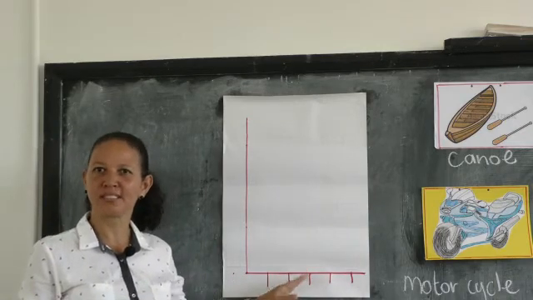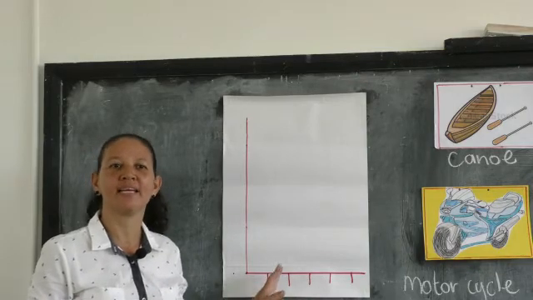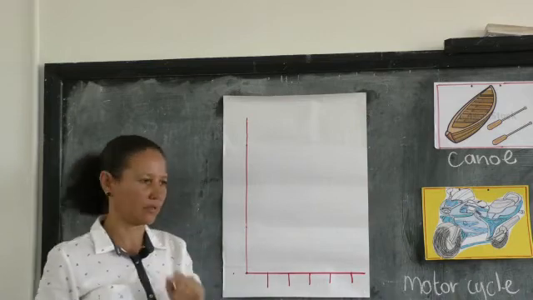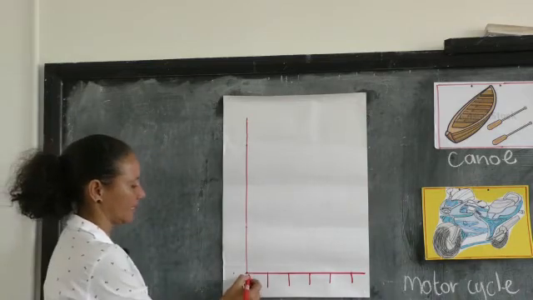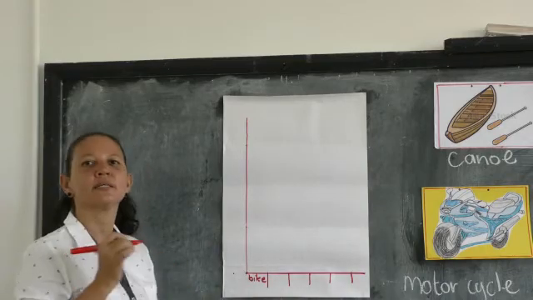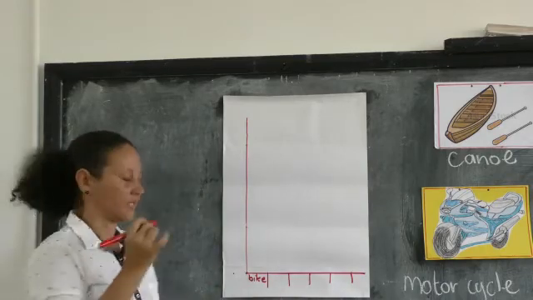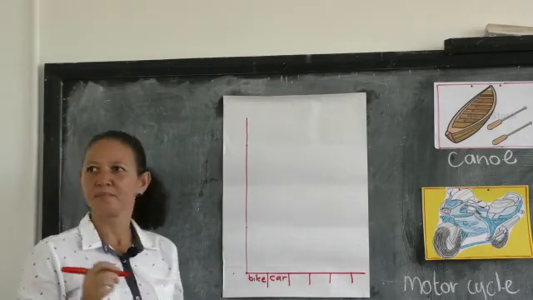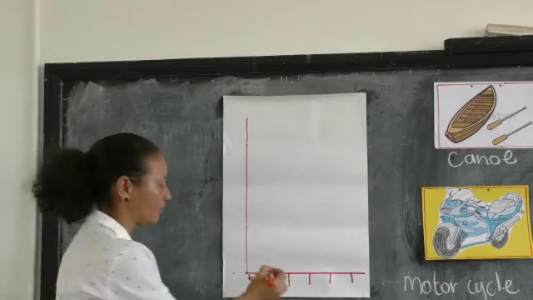Why 3 squares? For us to be able to write the name of the transport that we have on the table. So the first one is bike. So you write bike. The second one is car. You write car. Aeroplane.